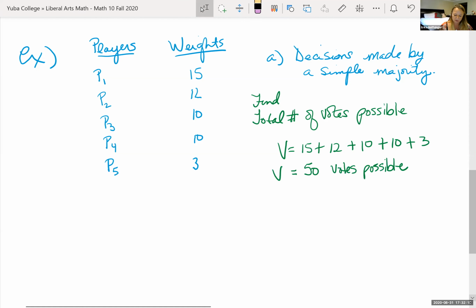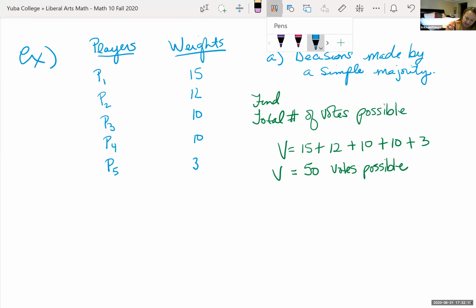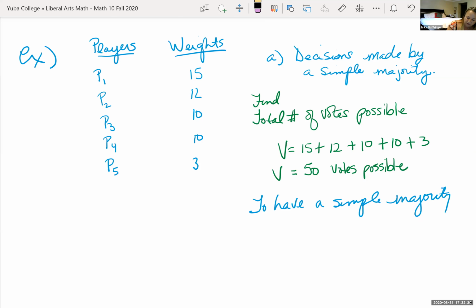Okay, so to get a simple majority, that means they need over 50% for the decision to pass.